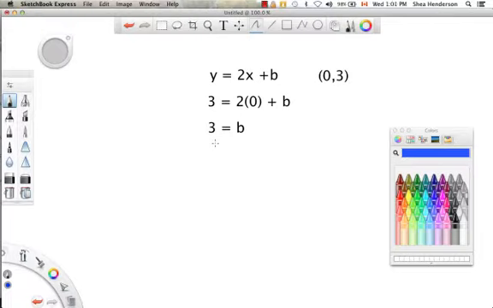You know that the one point on that graph is 0, 4, where x is 0 and y is 4. Build your equation, substitute in the numbers for x and y, and figure out what b would be. Give that a try, and if you don't understand it, give me a call.